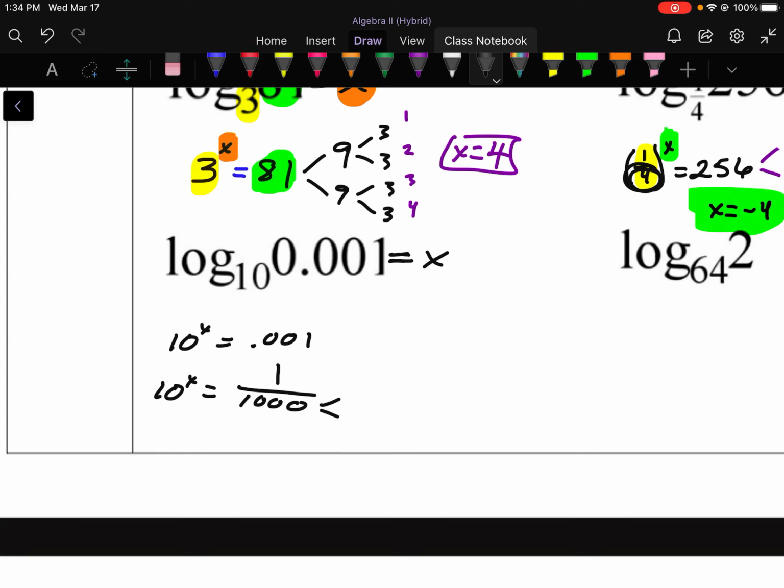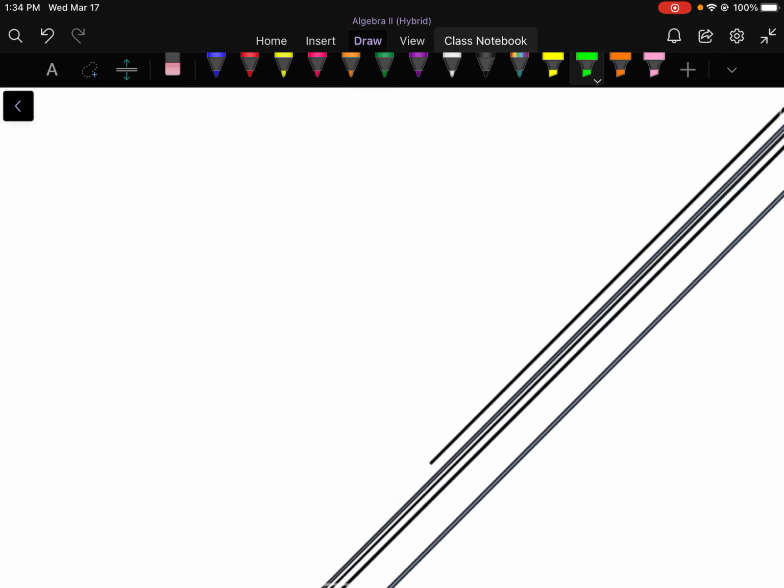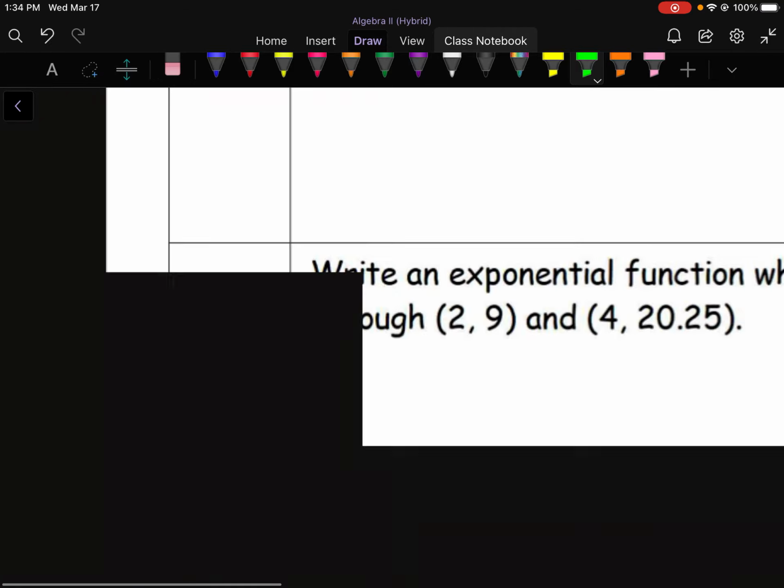So again, you have to do the same thing. We have 10 times 100 and then 10 times 10. You could keep breaking it down, but again, I want to know how many tens go into 1,000. So I have 1, 2, 3 of them. So what that means, again, same situation. I'm going to sidetrack here.